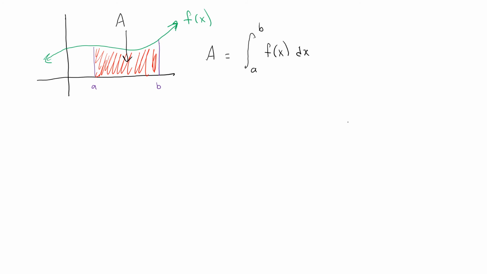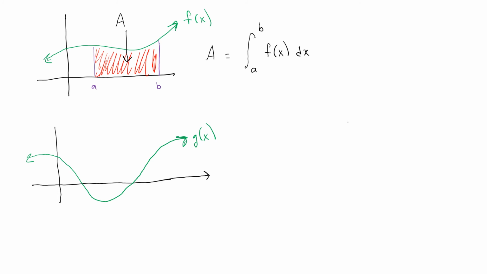All right. Well, now let's look at another picture. What if I have a function that does something like this? It goes on both sides of the x-axis. I'll give it a different name. I'll call it g of x. Let's call this a, I'll call this b, and I'll call this x-coordinate c.